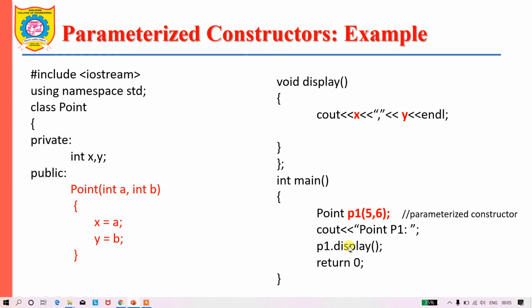So when I call the function display to display the values of x and y, I will get the values of x and y as 5, 6, which is point p1, for example. Like this, a parameterized constructor can be useful for us.